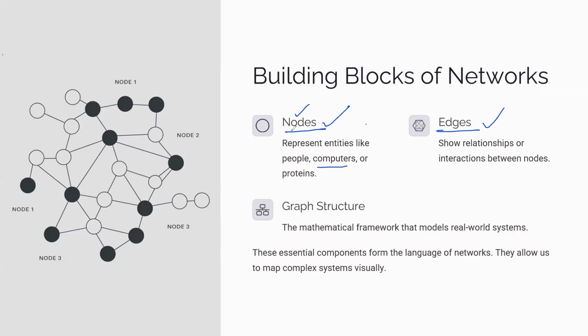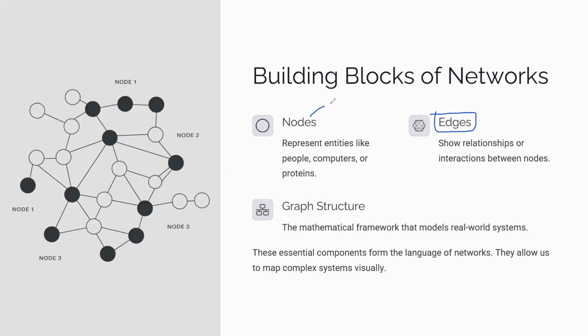For example, I write an email. I become a node, and I'm sending the email to, let's say, two of my colleagues. Both these colleagues become other nodes, right? That is the set of nodes. The other element in the network is the edge. An edge is nothing but the connection or relation between the nodes.